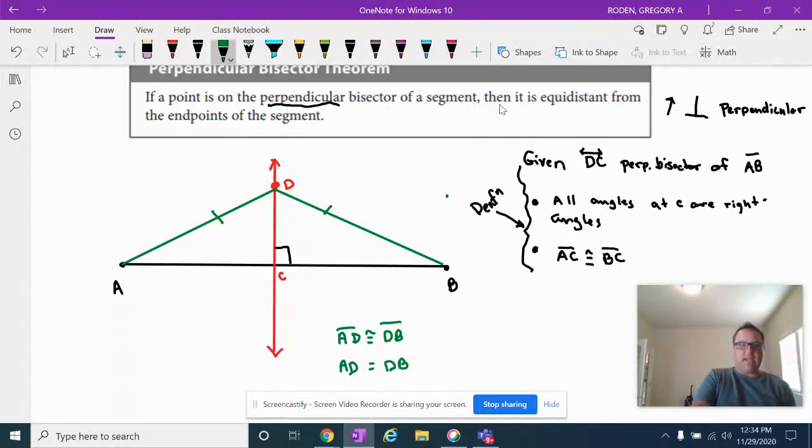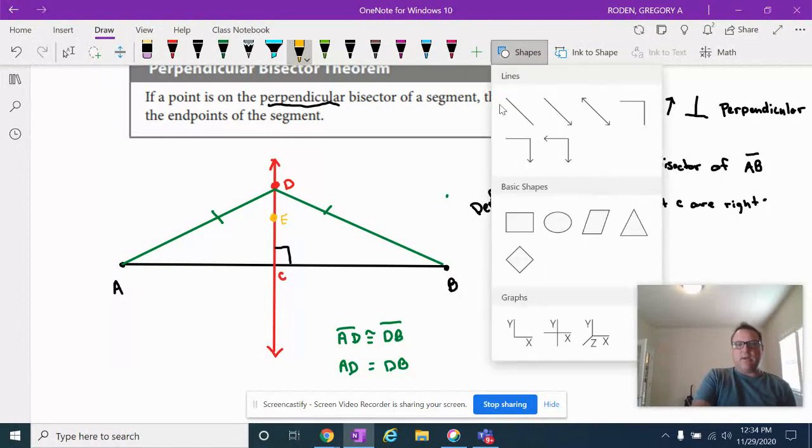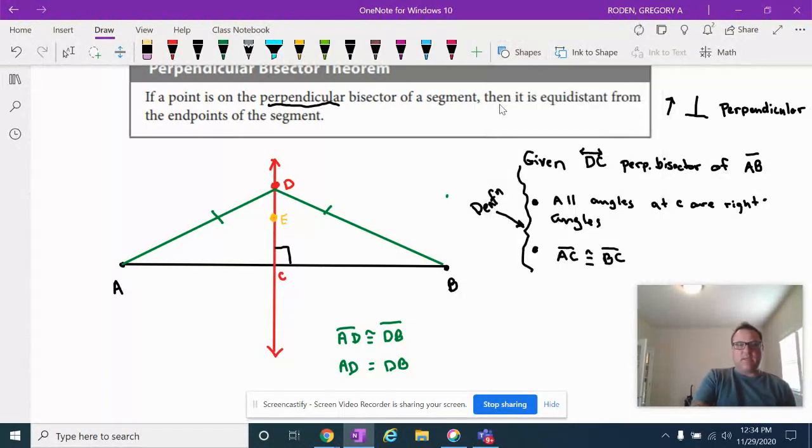You could have multiple points on this. Let's use a yellow point here. Let's say we had the point E. Well, if we have the point E, then I can say that D to A is congruent to E to B. Now, I'm not saying the green lines are congruent to the yellow lines.